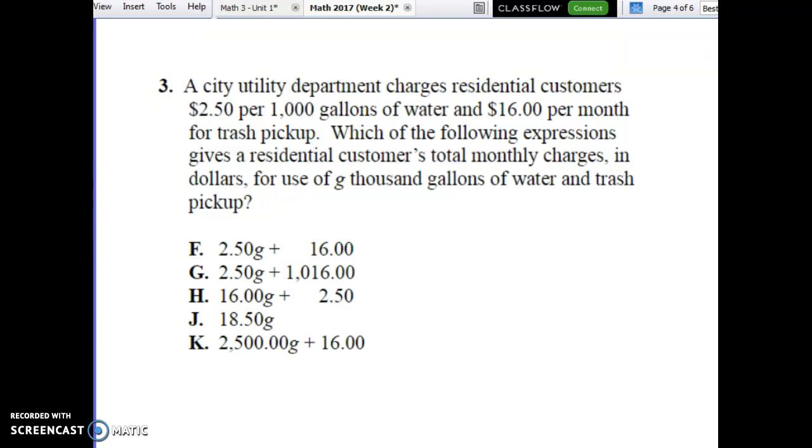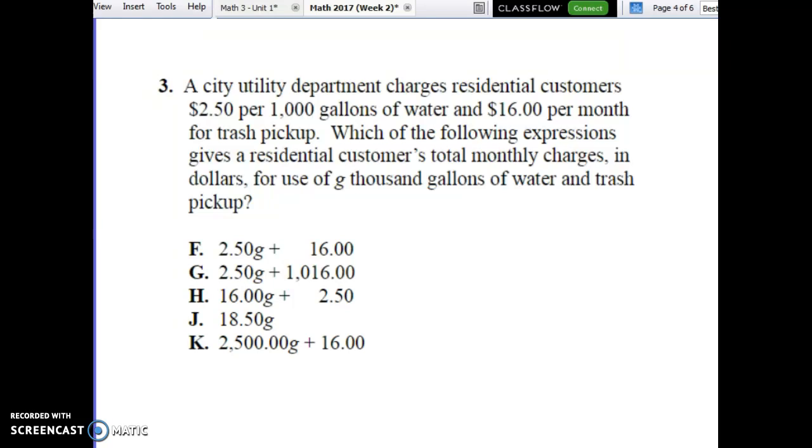Moving on to problem 3, a city utility department charges residential customers $2.50 per 1,000 gallons of water and $16 per month for trash pickup. Which of the following expressions gives a residential customer's total monthly charges in dollars for use of 1,000 gallons of water and trash pickup?